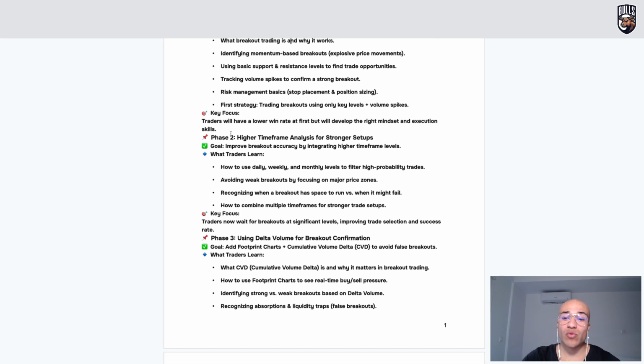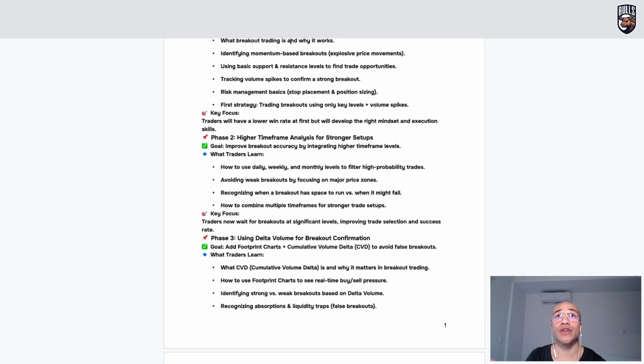The next step will be taking higher time frames into account for a stronger setup. Because once you have a strategy, it is all about getting more and more information out of the chart to give your potential trade idea more confirmation.